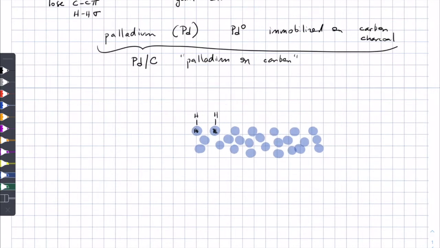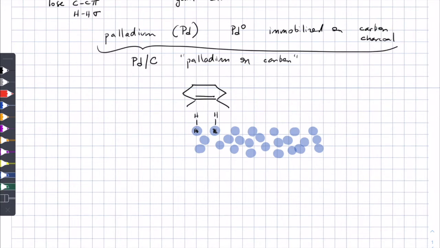And again, I'm not pushing arrows for this, but it's important to know that the individual hydrogen atoms are held at a surface so that when the olefin approaches, remember the pi bond is planar, and so as the olefin sits down on that surface, the hydrogens will get delivered both to the same surface. And this is why it is a syn addition.